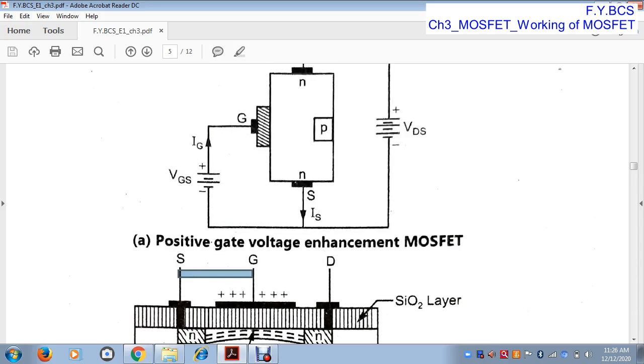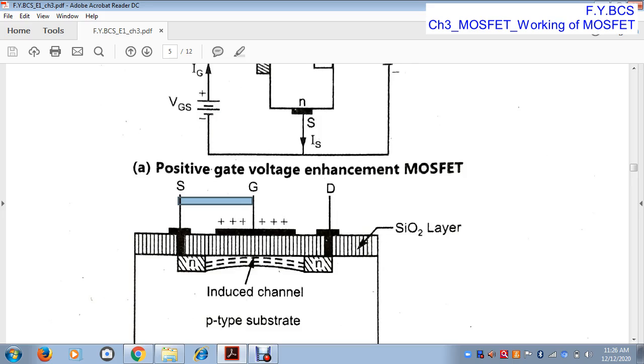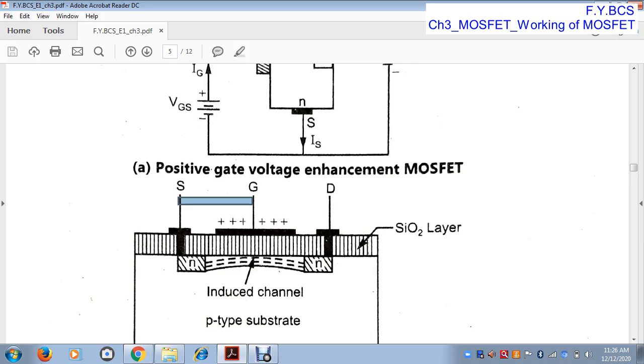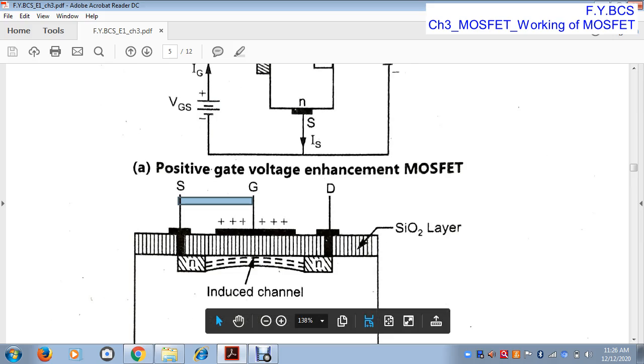So if the gate to source voltage is positive, then and only then is this channel created. Why? Because when this voltage is positive, the positive charge is present on the gate, and that positive charge attracts the electrons. So all the electrons in the source will be attracted toward the gate, and they form an electron layer.